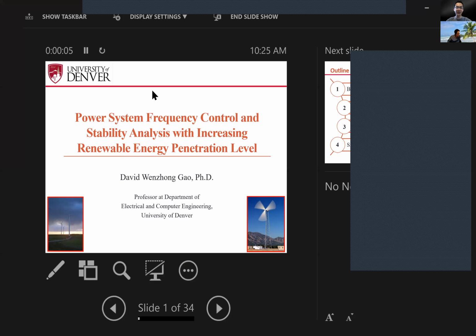Could you also minimize the Zoom panel on the right-hand side? Hello, Dr. Gao? Could you try sharing again? I couldn't see the video share.